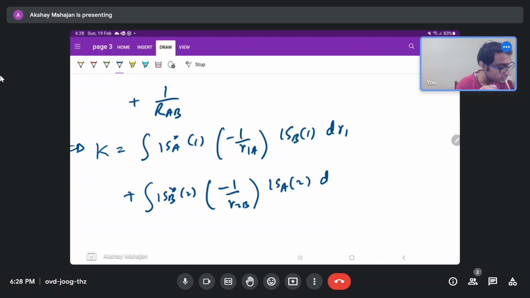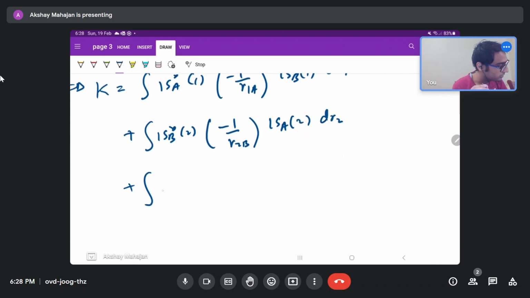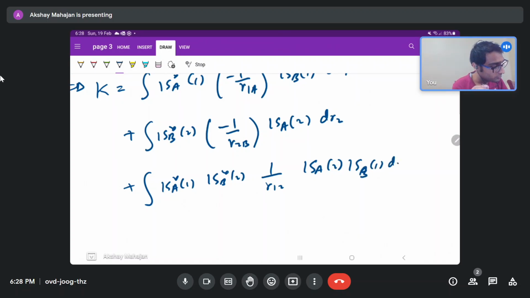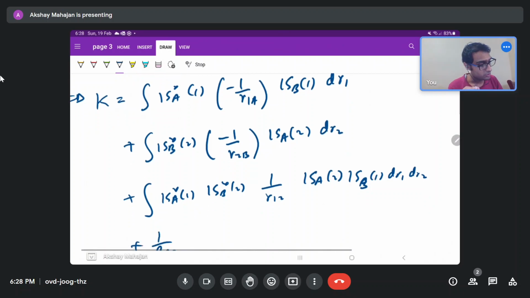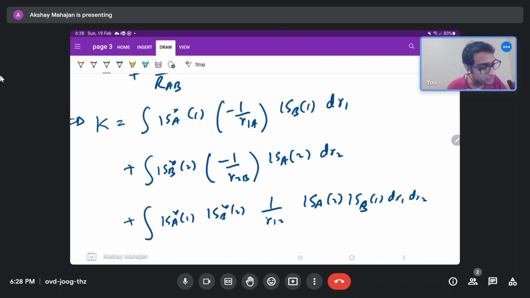Here also you can see this is our observable operator, and on both sides we have our wave function.